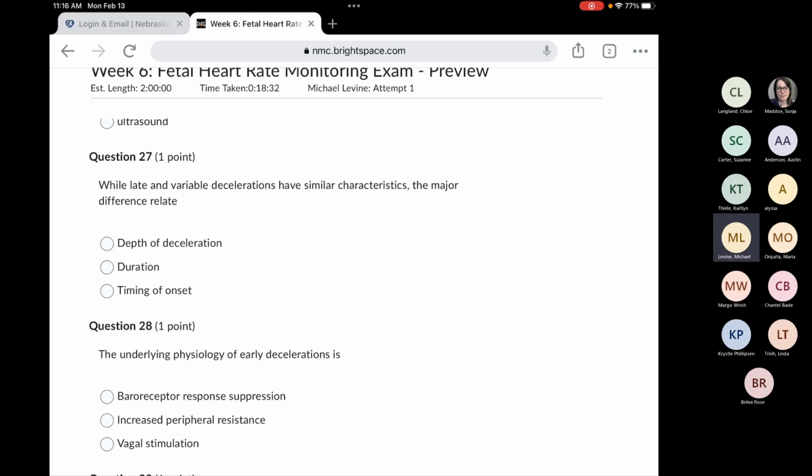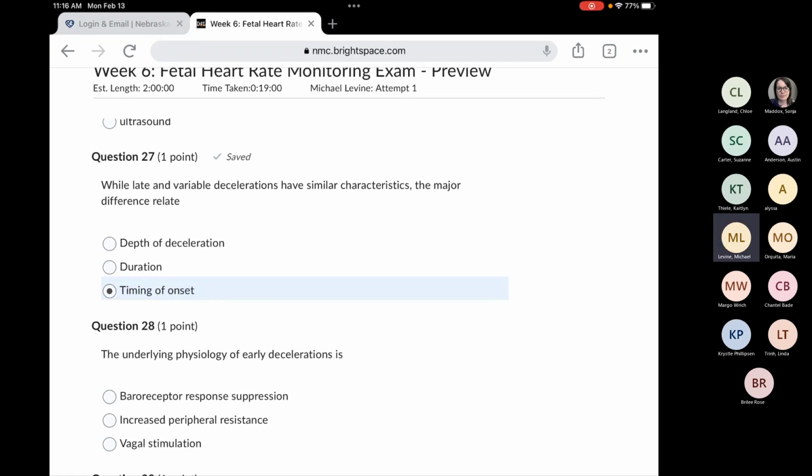However, it usually occurs after the peak of the contraction. A variable deceleration is an abrupt decrease in fetal heart rate. And when you compare late and variable, the difference is the timing of onset. And that's the importance of this question, to know that.